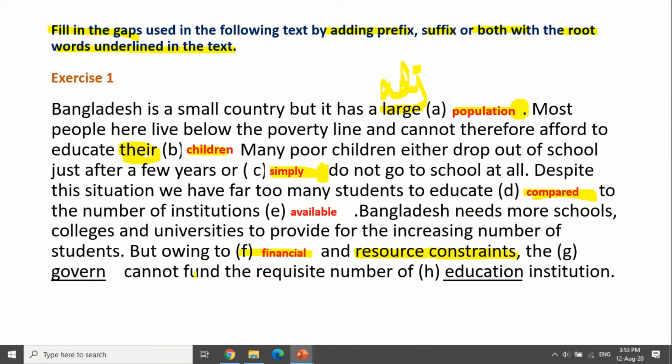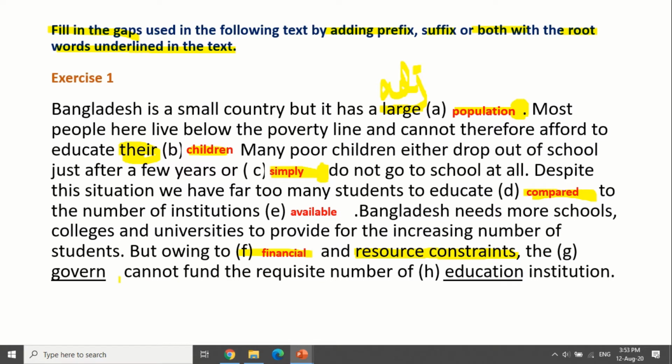But owing to financial and resource constraint, the government cannot fund. Govern is a verb. So in this context, after an article we use a noun, right?